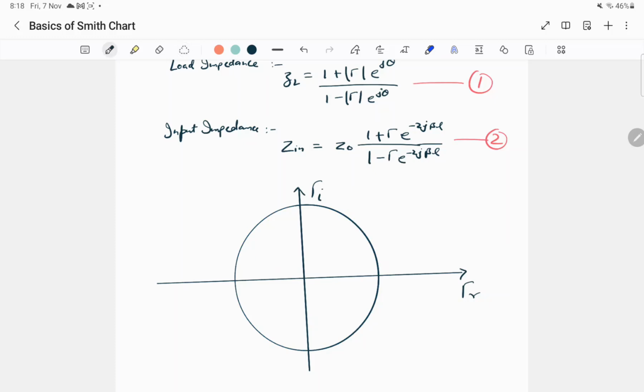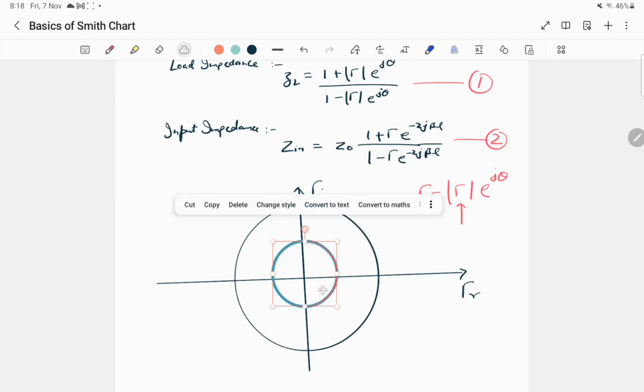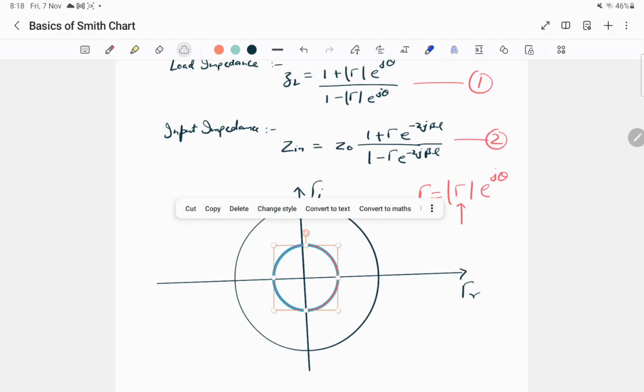Now suppose you know the value of gamma, that is the mod of gamma into e to the power j theta. So you know mod of gamma, so you have drawn the circle of reflection coefficient. This is the circle of reflection coefficient which you have drawn since you know the magnitude of the reflection coefficient.